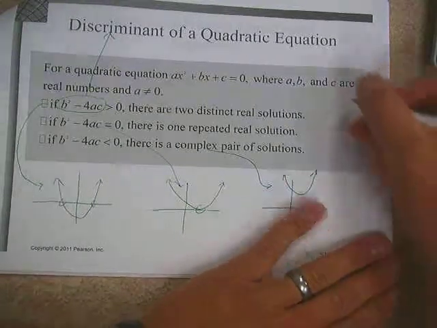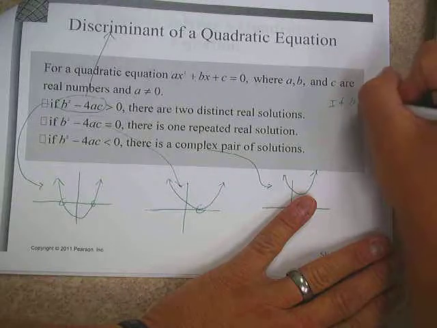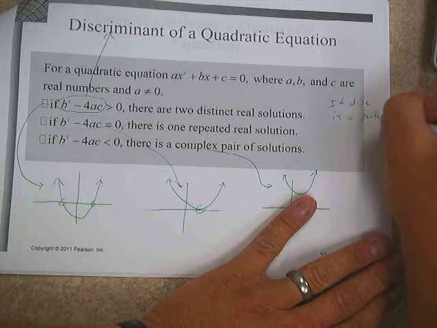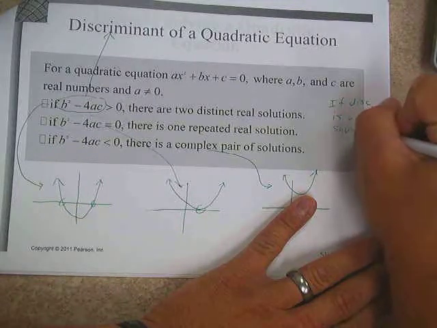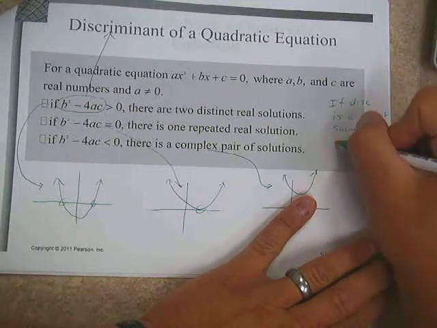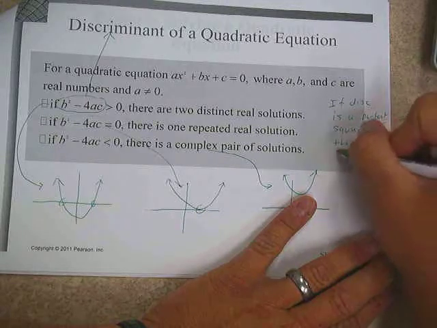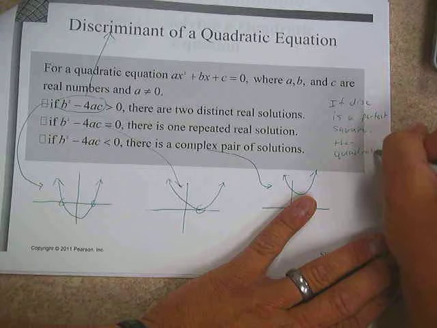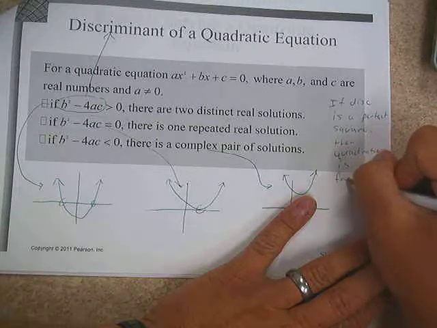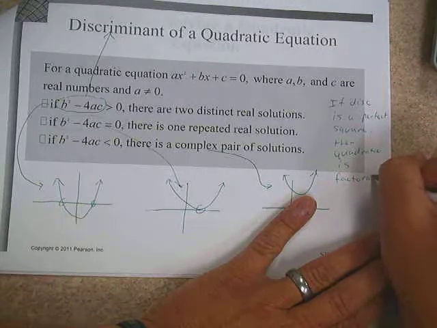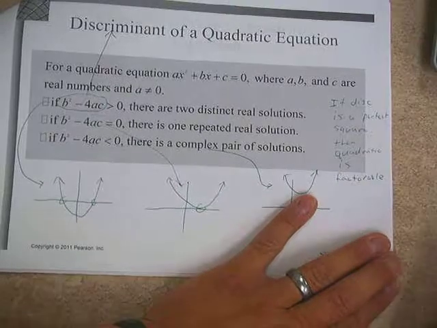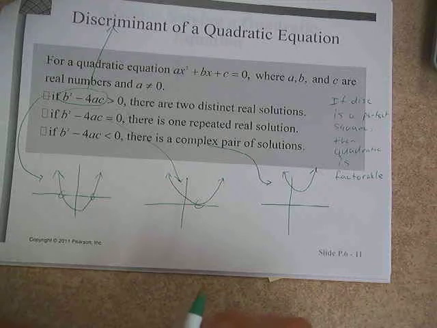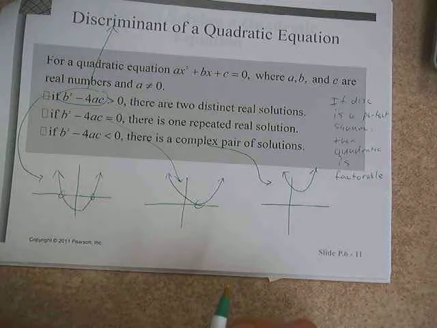There's one other fact about the discriminant that I want to put down here that you can use to your advantage when you're doing any kind of quadratic equation: if the discriminant is a perfect square, then the quadratic is factorable.